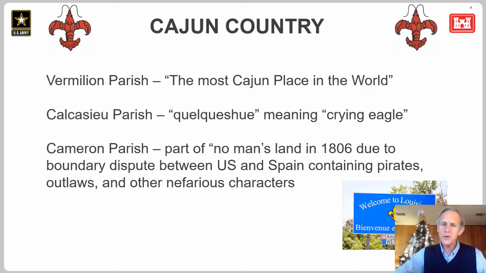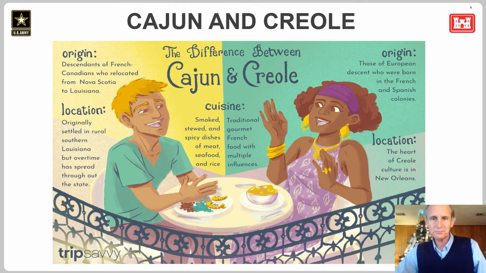And then the Cameron Parish, which is right on the Texas-Louisiana border, was part of no man's land as part of the Louisiana Purchase, and there were disputes about the boundary between the U.S. and Spain, and so you had pirates and those type of figures, and you had Jean Lafitte, who came in from Galveston in that area and then lived here for a while. So it's a pretty historic area.